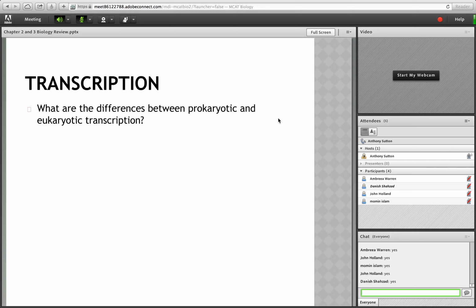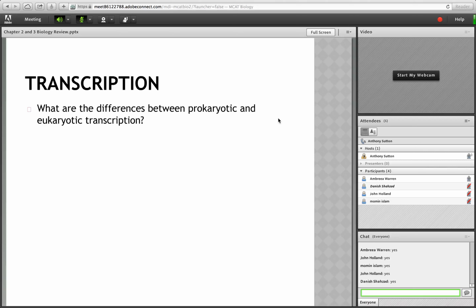Let's see, embryo. What are the differences between prokaryotic and eukaryotic transcription? Does prokaryotic use the RNA polymerase?